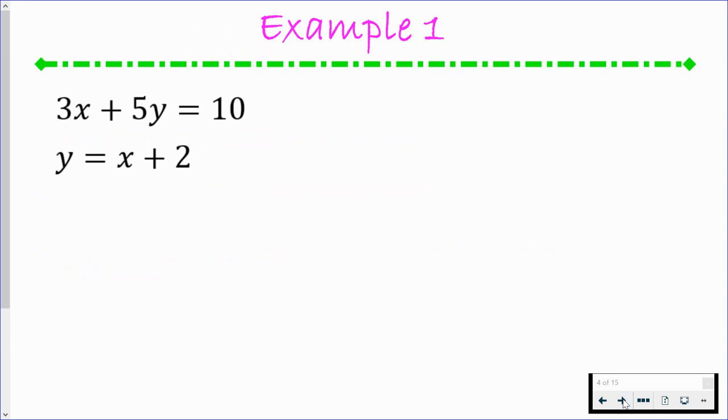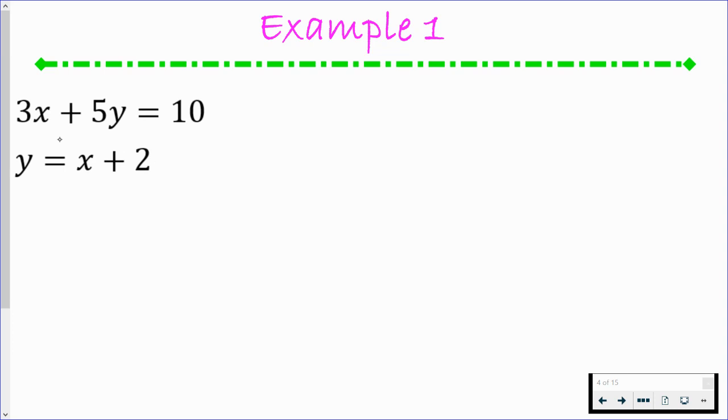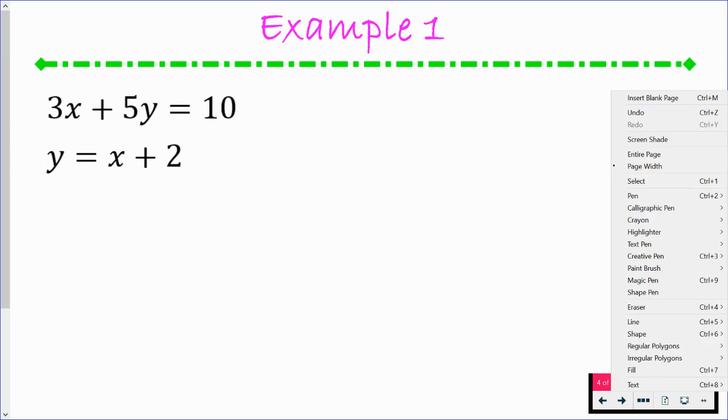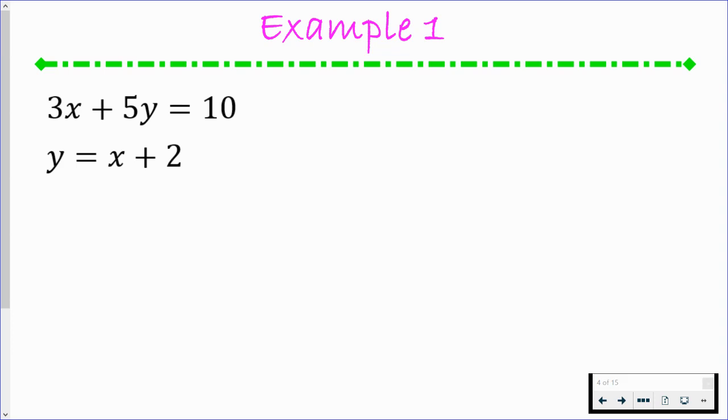Okay, so example 1. My first step is to always make sure one of them is in y equals format. If you notice, the second one is in y equals format. So that's the one we're going to look at.